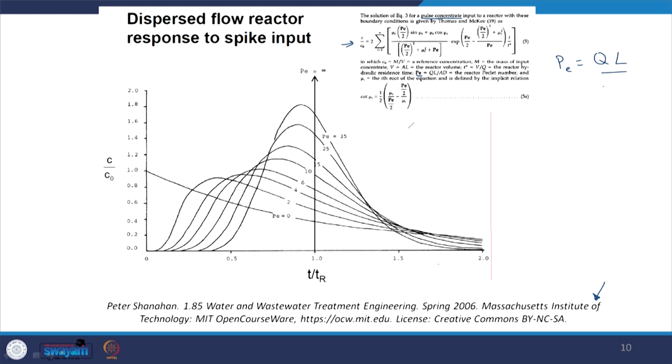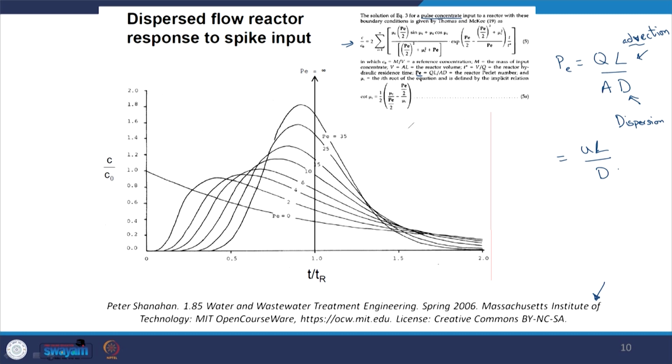QL by A into D. D is not the diameter or such, it is the dispersion coefficient. If you look at the numerator and denominator, the numerator will give you an idea about advection, mass transport due to advection, and the one at the bottom will be the one due to dispersion, right, or that is equal to velocity, uL by D. So, advection by dispersion. Why is that? We will just look at it.